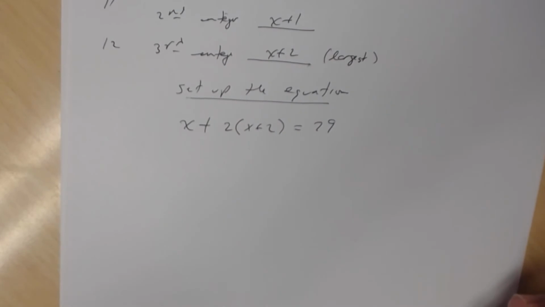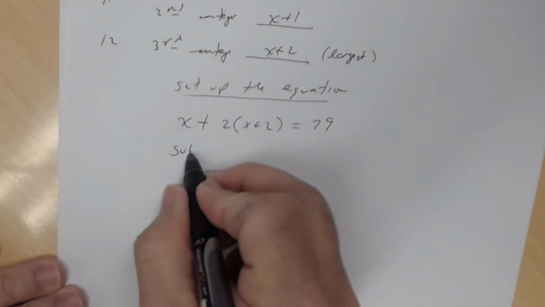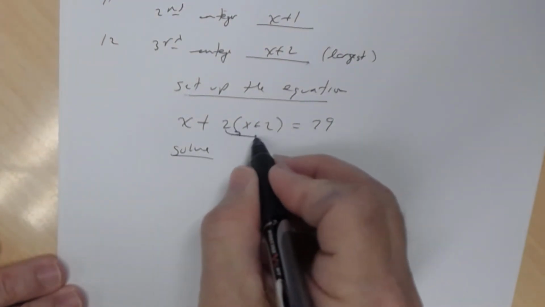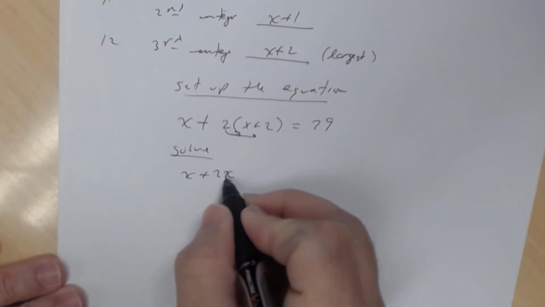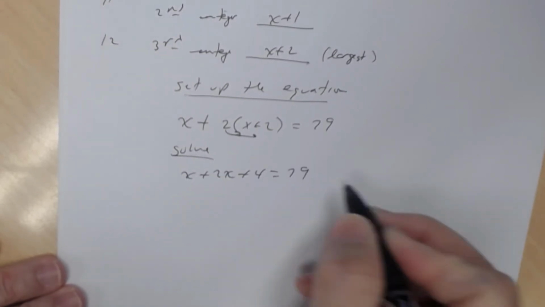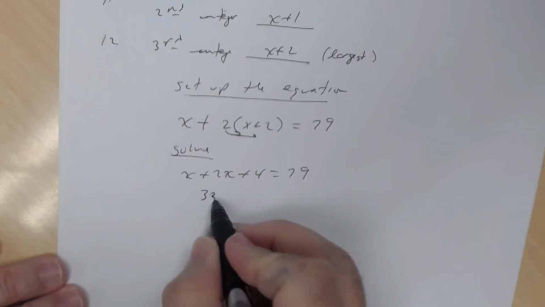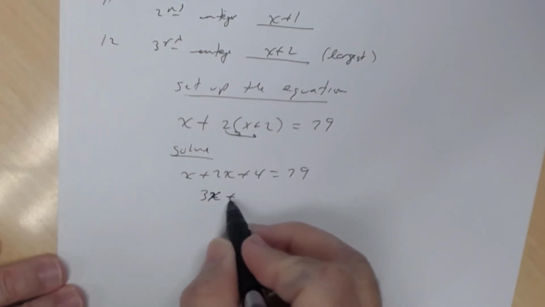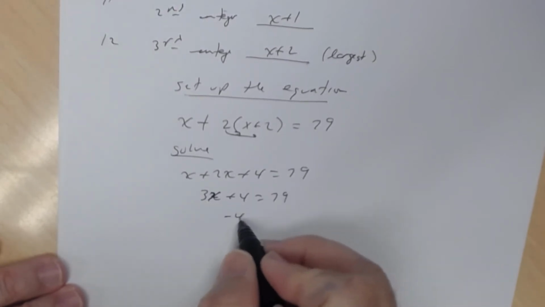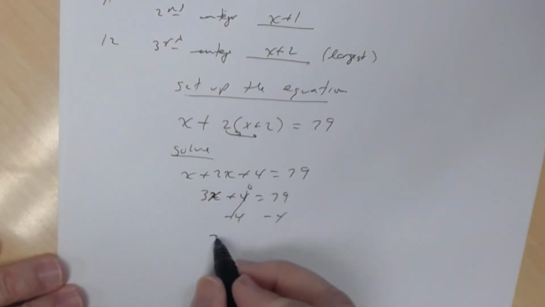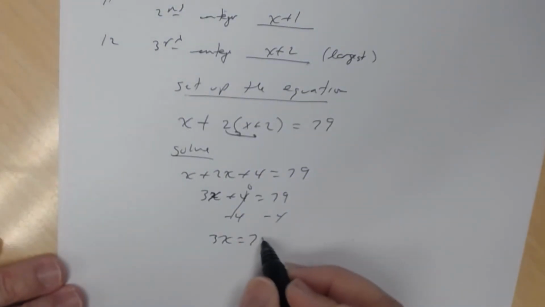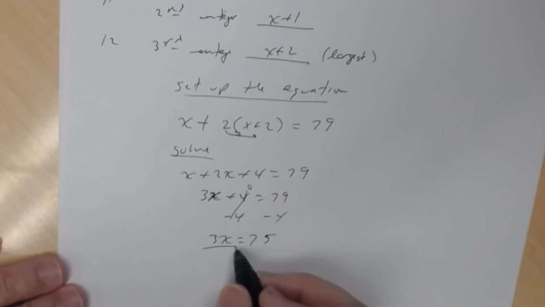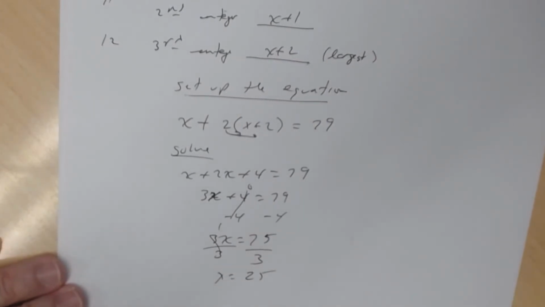That's your equation. Now solve. Distribute: x plus 2x plus 4 equals 79. Combine like terms: 3x plus 4 equals 79. Subtract 4 from both sides: 3x equals 75. Divide both sides by 3: x is 25.